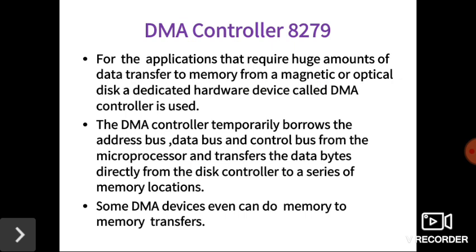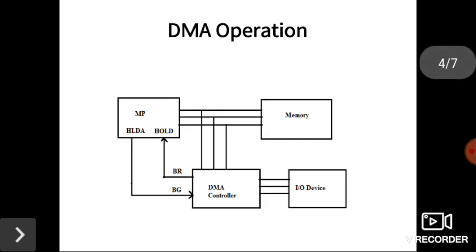DMA controller 8257. For applications that require a huge amount of data transfer to memory from a magnetic or optical disk, a dedicated hardware device called a DMA controller is used. The DMA controller temporarily borrows the address bus, data bus, and control bus from the microprocessor and transfers the data bytes directly from the disk controller to a series of memory locations. Some DMA devices can even do memory to memory transfer.